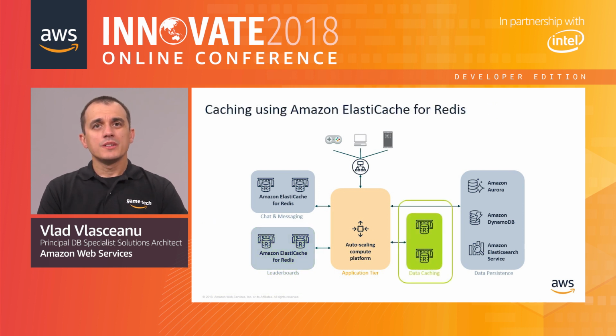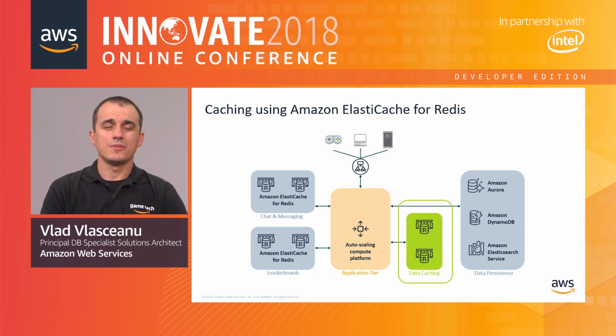Another use case for Redis is helping you reduce the pressure on the backend data stores, on the persistence layer. And that's really, really key to handling scale as well. The simplest architecture to use in that case is using a flat cache in front of your actual data persistence services. So say, for example, you're using Amazon Aurora, and you're using SQL queries to retrieve data sets out of Aurora.